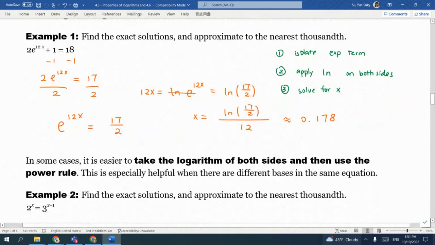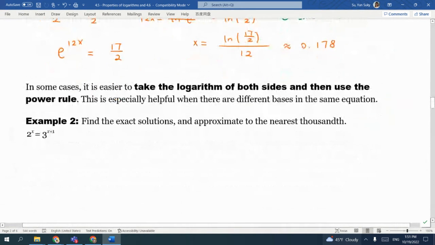In some cases, it's easier to take the log of both sides than to use the power rule. This is especially helpful when there are different bases in the same equation, like example 2, where we have the exponential term on both sides.